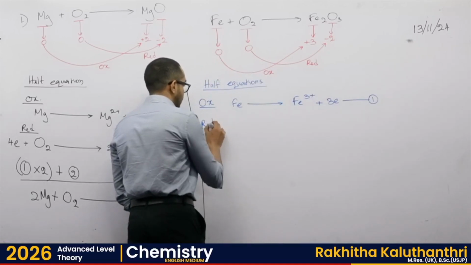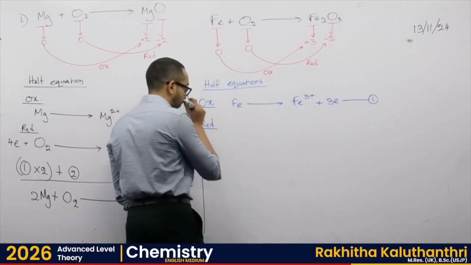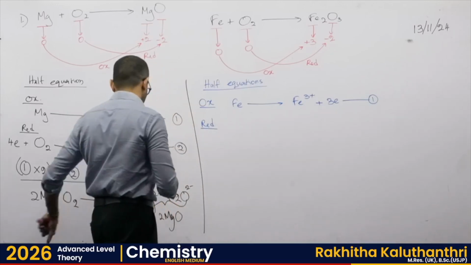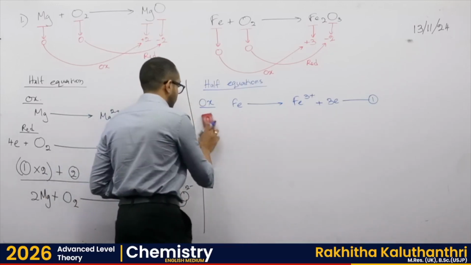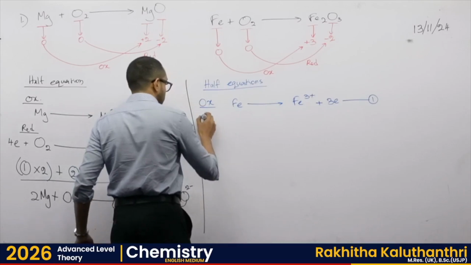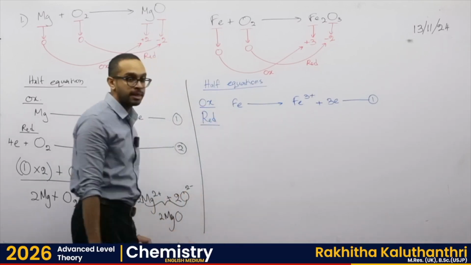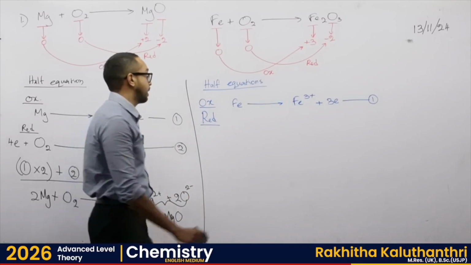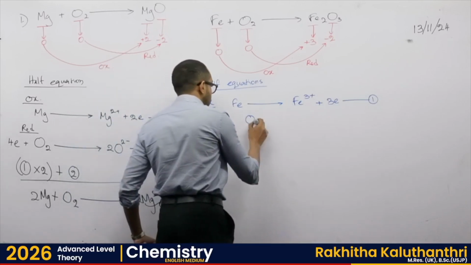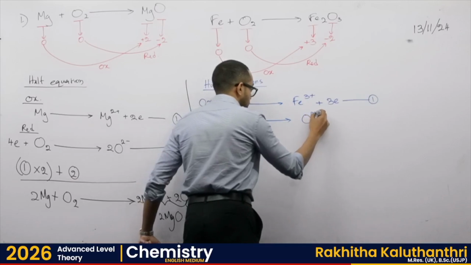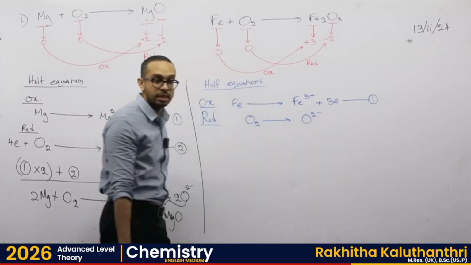If you write the reduction equation, I want to save some space, that's why I'm writing them close together. Reduction. So in the reduction reaction, what is happening? Again we have O2 turning into oxygen with 2 minus oxidation state.